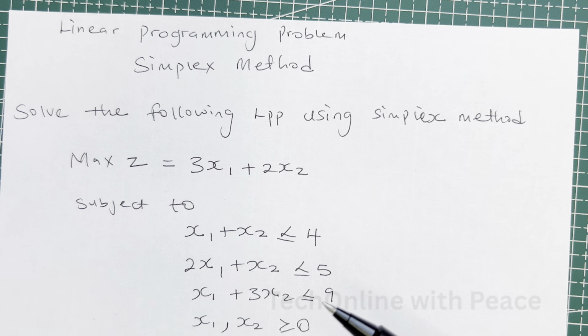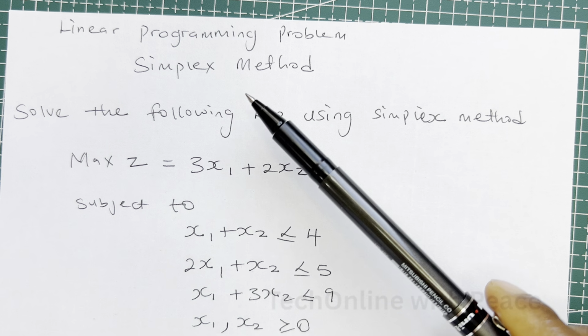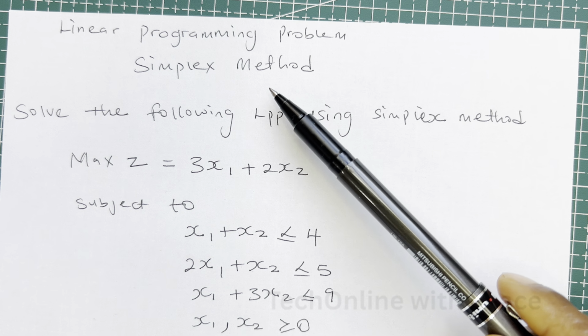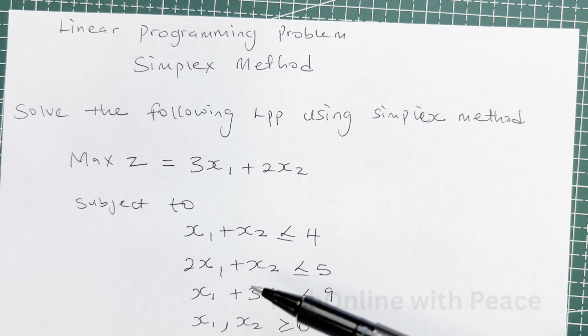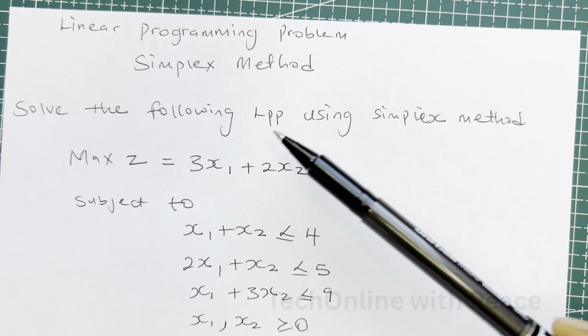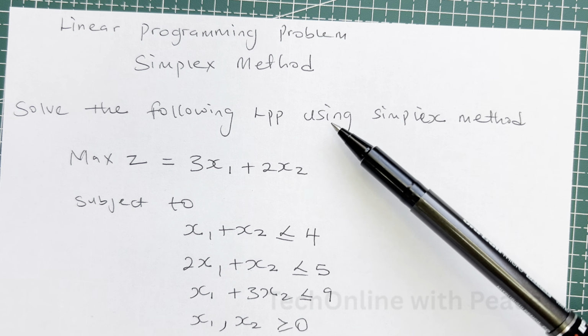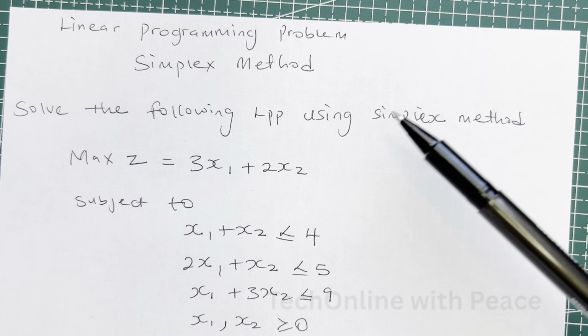Hi, in this video I'll be explaining linear programming problems using the Simplex method. Here we have a maximization problem which says: solve the following linear programming problem using the Simplex method.